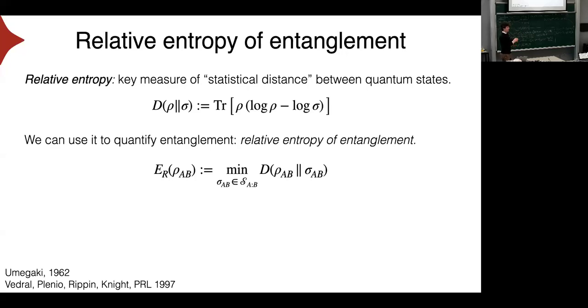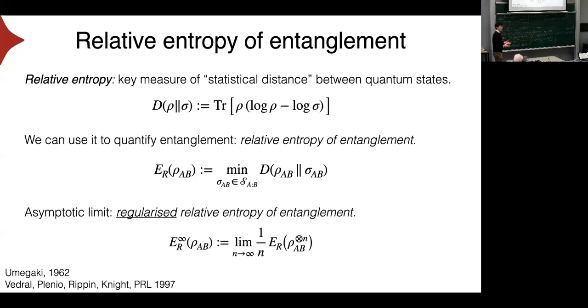So we're computing the Stein exponent between a state rho and a generic separable state and minimizing over sigma. This means that we are letting the adversary do his thing and work against us. Choose the worst separable state that gives us the lowest distance. Lowest distance means they are less distinguishable.